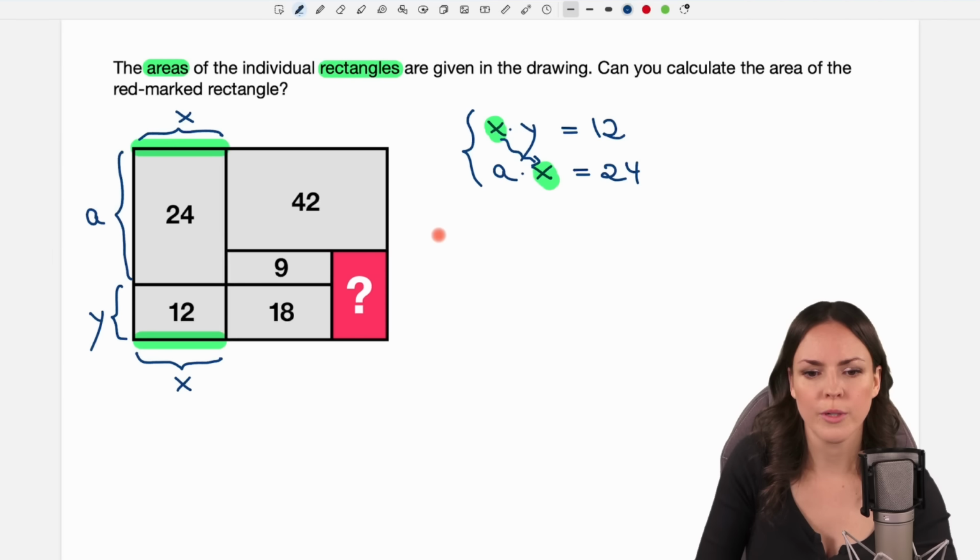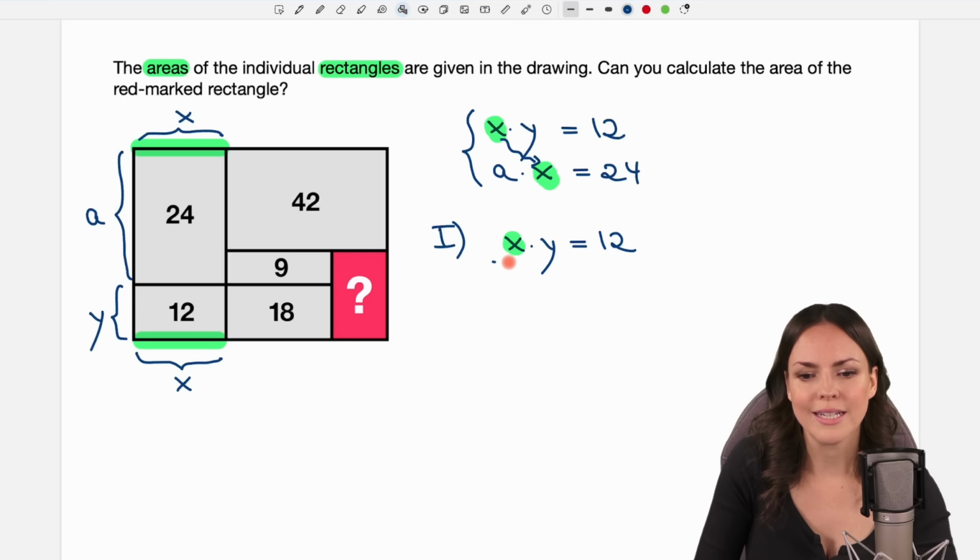So first of all, we take the first equation. It's x times y equals 12, and let's solve this for x. We just have to get rid of the y here, so let's divide both sides of the equation by y so that this cancels out and only x is left, and on the other side I have the result of 12 over y.